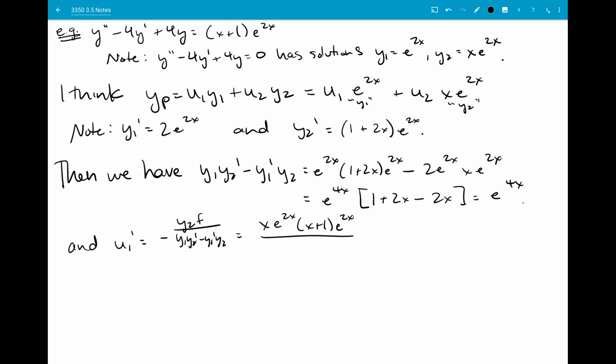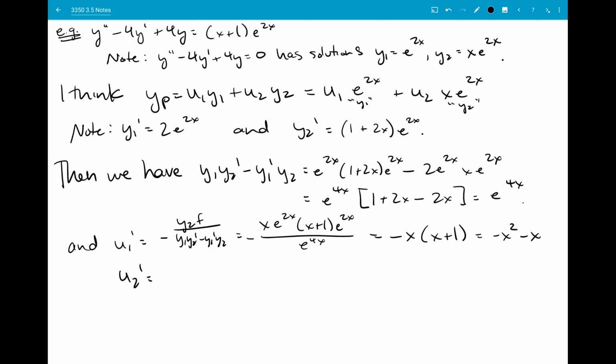And the thing on the bottom was e to the 4x. My e to the 2x on top and my e to the 4x on bottom will cancel out with each other. Remember, e to the 2x times e to the 2x is e to the 4x. So I'm actually just left with minus x times (x plus 1), or minus x squared minus x.